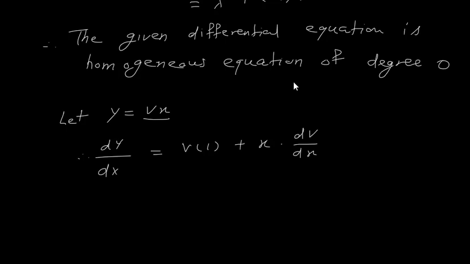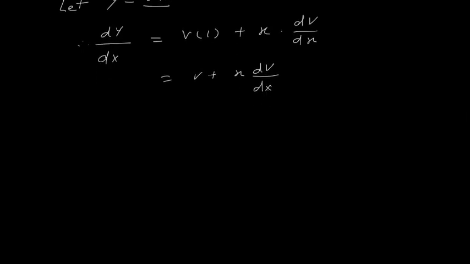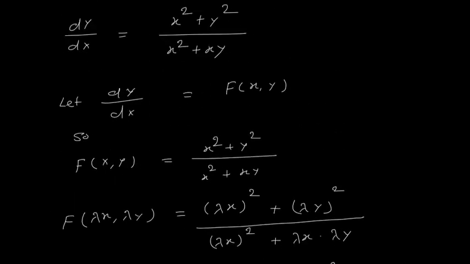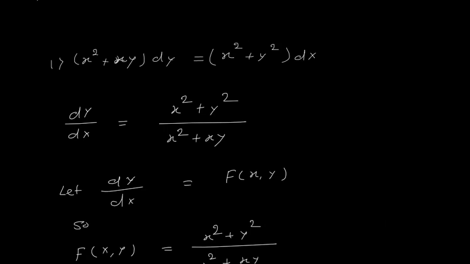So in place of dy upon dx, I can replace v plus x dv upon dx, and in place of y, I can replace vx. This equation we consider as equation 1.